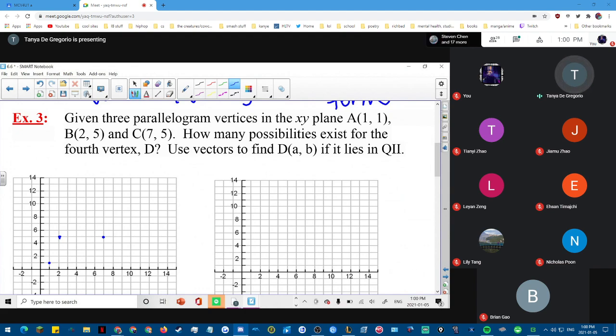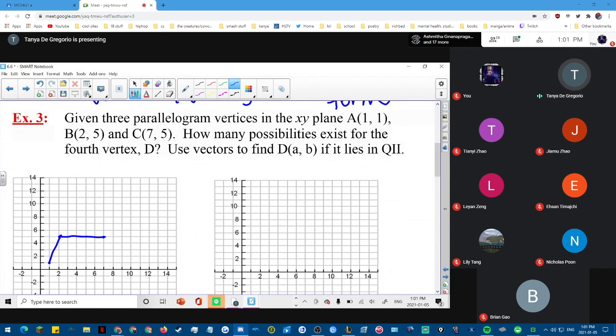The first, and I think to me the most obvious, would be to do this. Now my other point would have to go somewhere here, and it has to have the same slope. It has to be parallel.